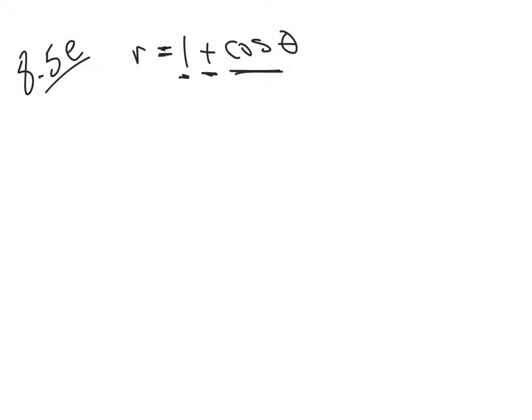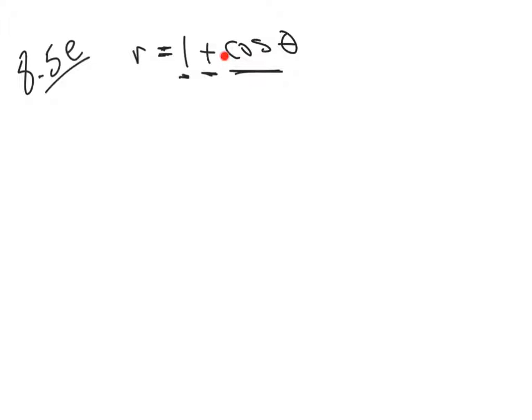You can also tell which graph it's going to look like by what's underneath each one. Notice the first one says if letter A, which is this one, over B, which is the number in front of here, which is 1, so 1 over 1, is less than 1, it's going to look like that graph.